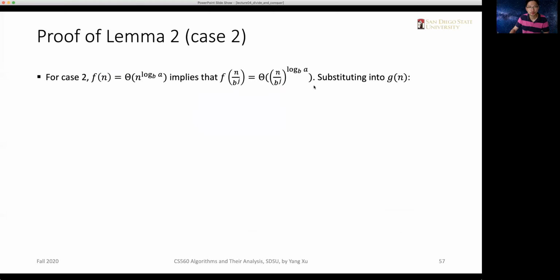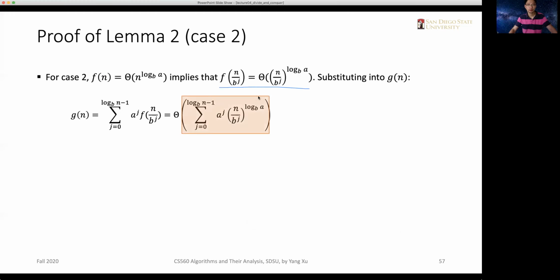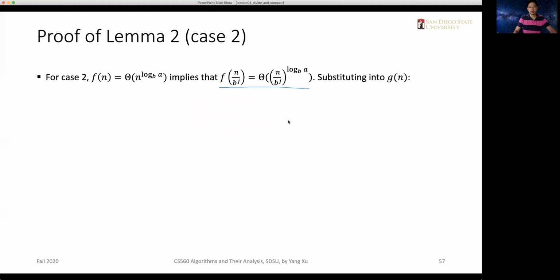And for case 2, we use similar tricks, because case 2 says that f of n and the function n to the power of log base b of a have equal asymptotic properties. So we do the same substitution here. This time it's a bit easier, because there's no epsilon.